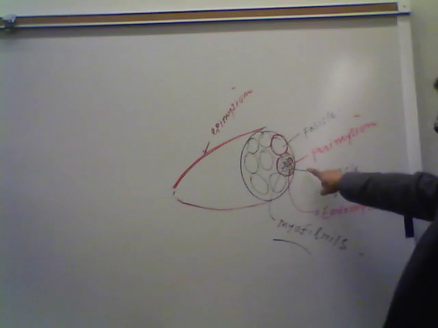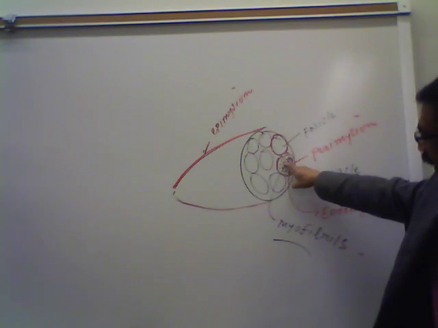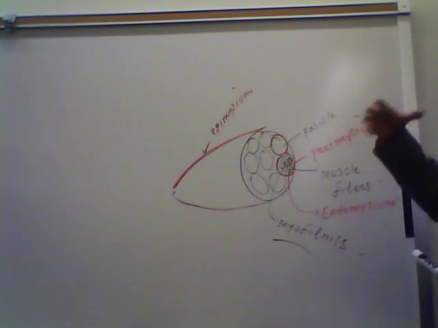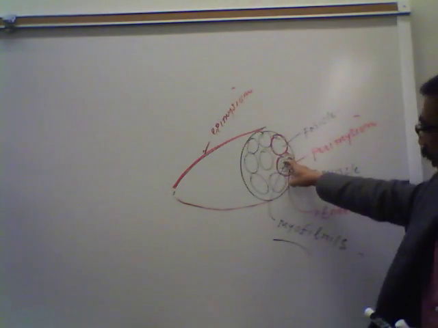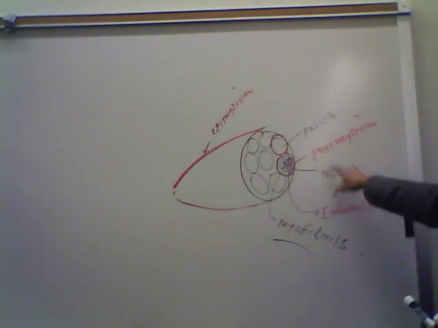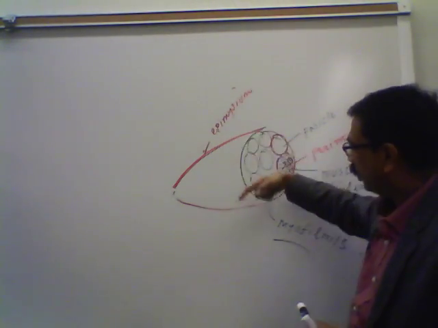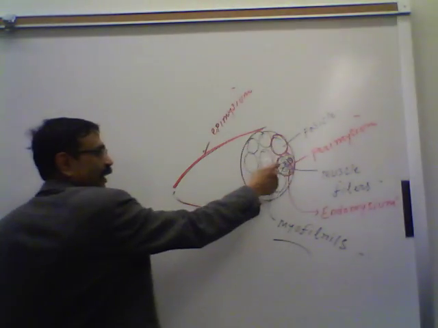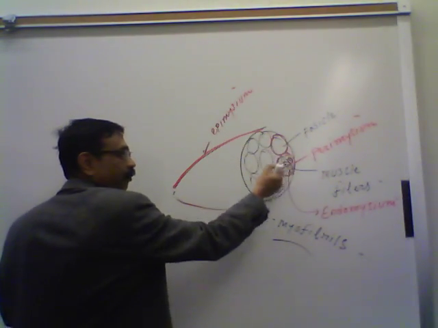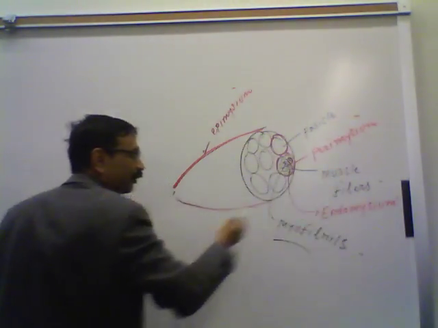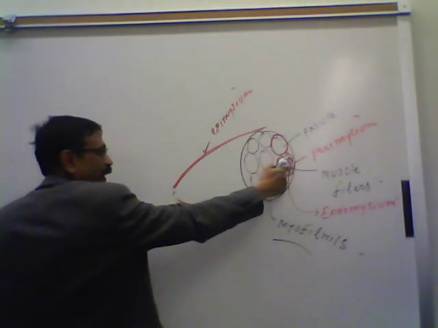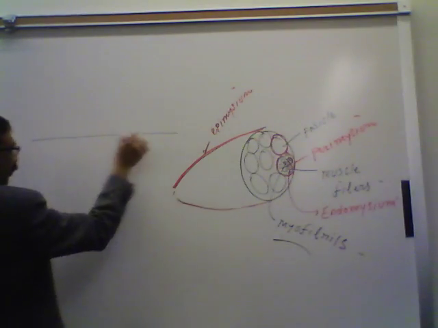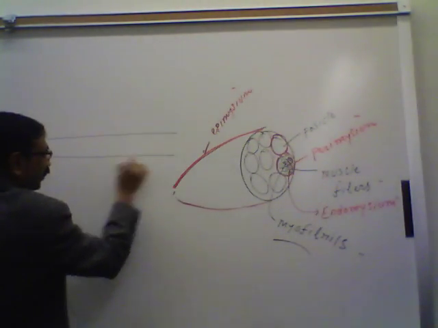So you see the smallest rod-like structures are myofibrils. If I go from the smallest to largest: myofibrils, muscle fibers, then fascicles, and then whole muscle. Now if I just take one myofibril out from there, that means one of those dots, and see under the microscope, this is the myofibril.